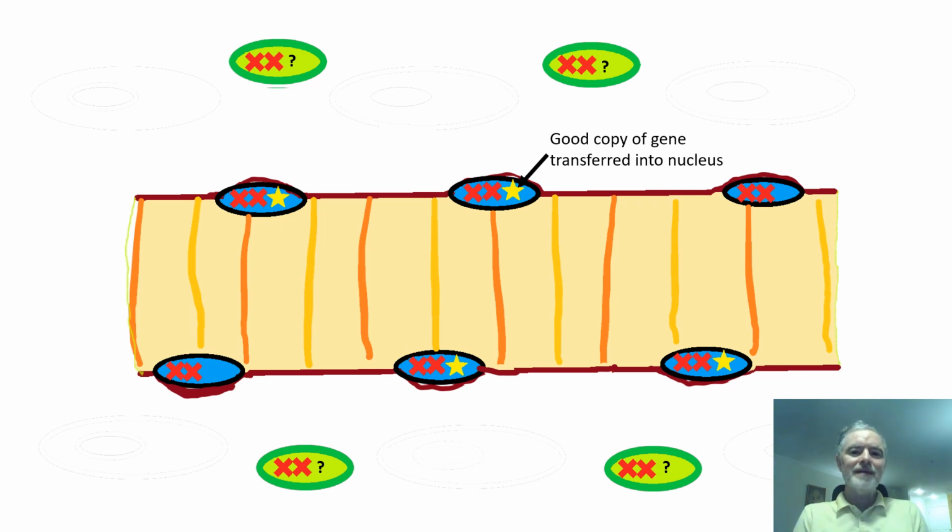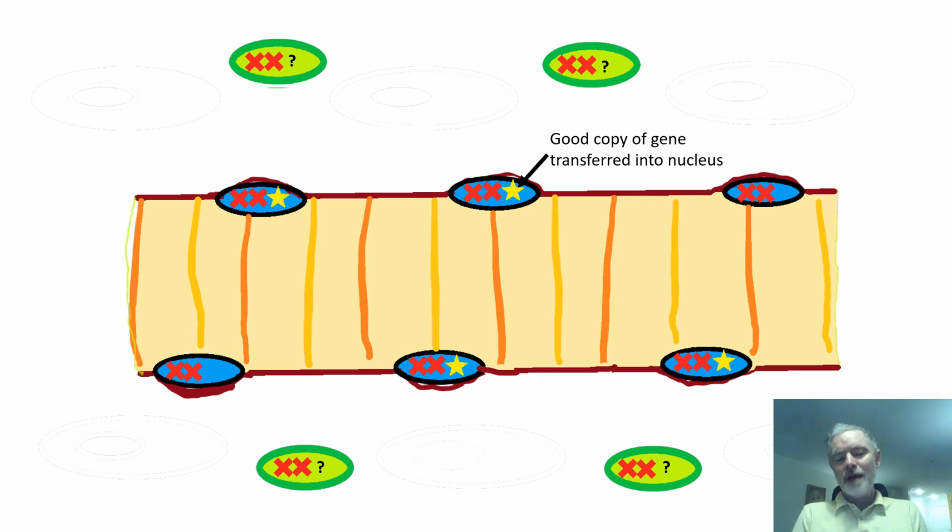We don't get every fiber in a muscle to get the transferred gene. We're not at 100% efficiency. But when things are working well, we can get most of the muscle fibers to have the new gene, which does work correctly, and most of the nuclei in the fiber, because we know that the muscle fiber can be making close to the normal amount of protein that a healthy fiber would make.